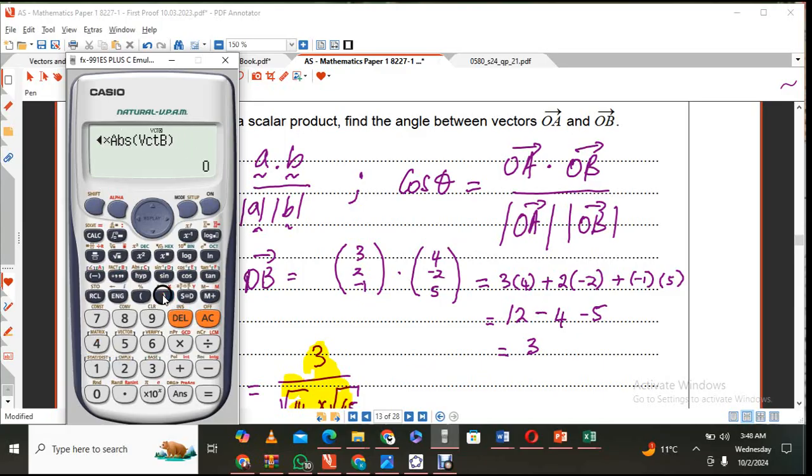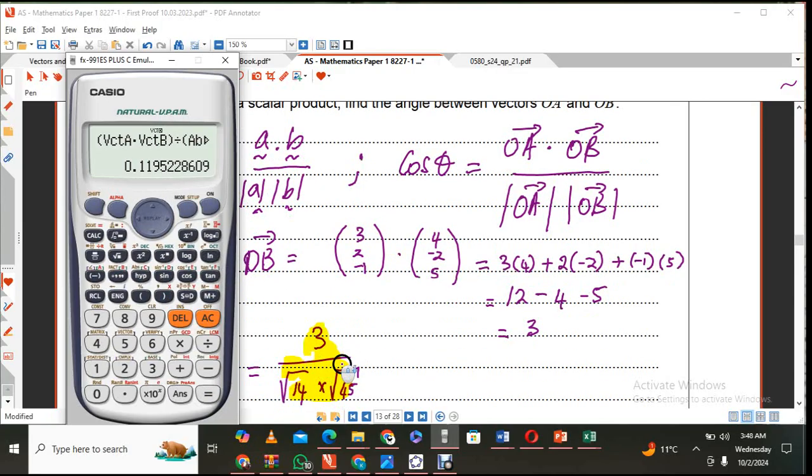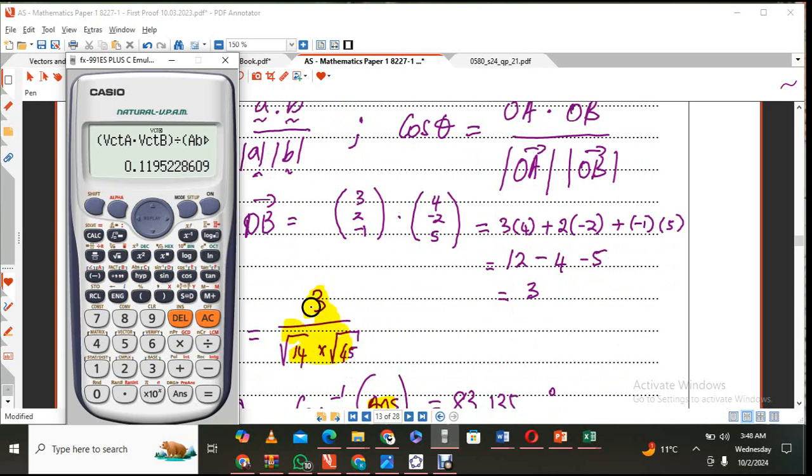So I close that. Just remember how many times I opened the bracket. I opened it here, so I need to close it back there again. Now if I hit enter or equal to, I get 0.1195. So this value over here is that value, 0.1195 and so on.